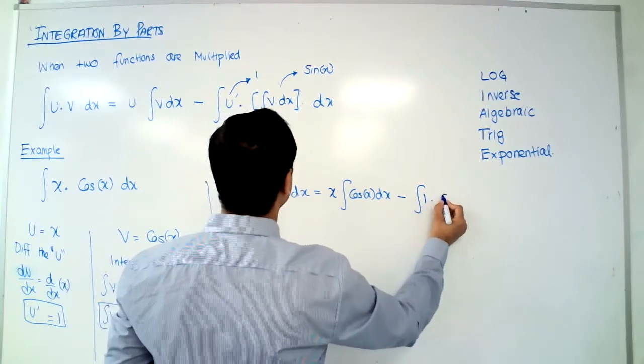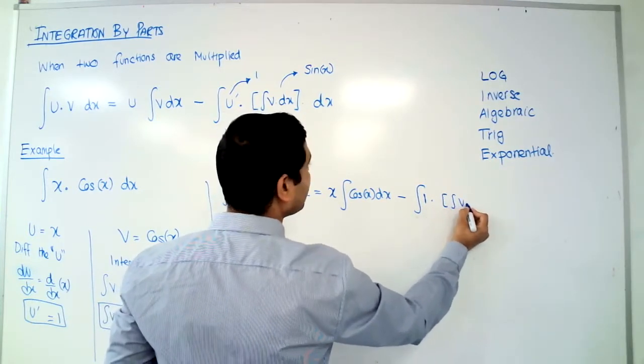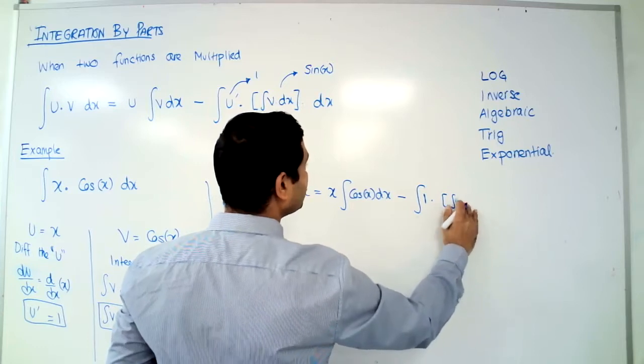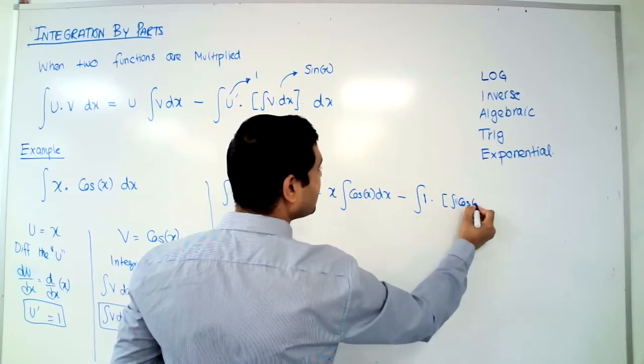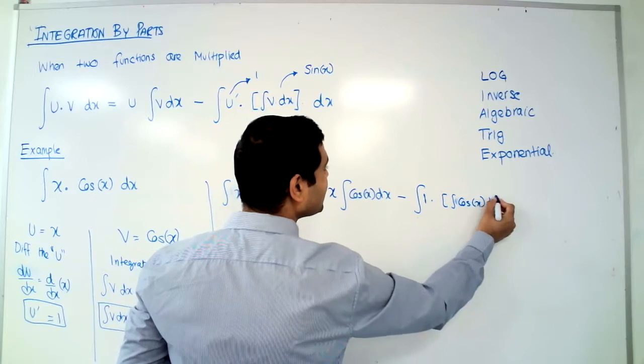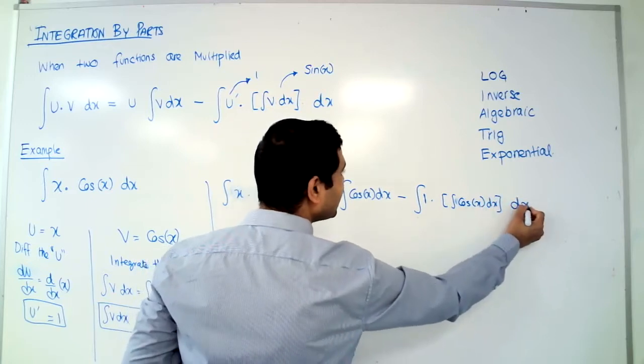And then in this bracket we do the cos x dx, close the bracket, and there was another dx here.